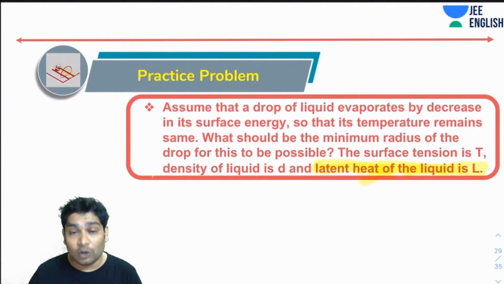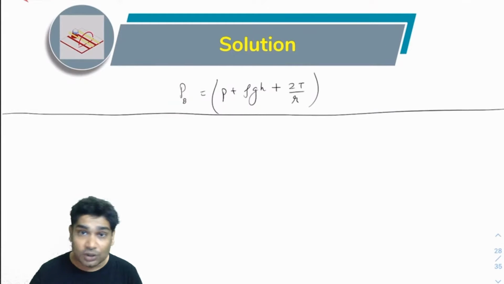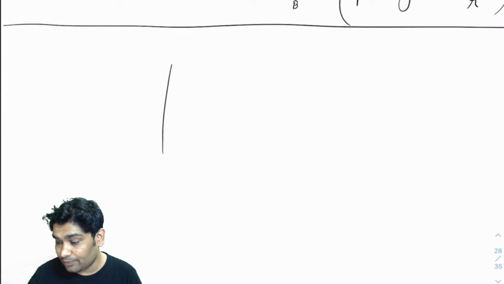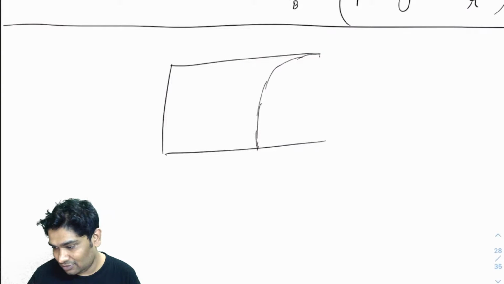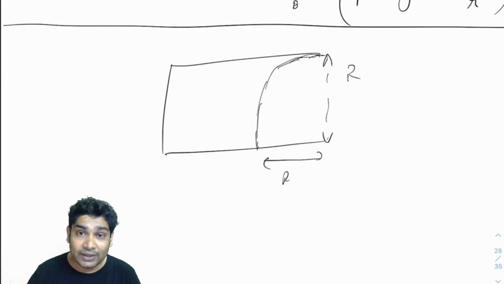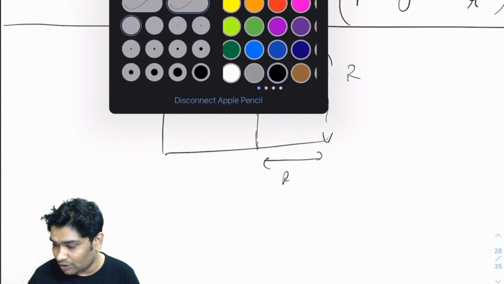Anyhow, we also talked earlier about the fact that the force of surface tension can also be calculated like this, by the projected area, by the way. So suppose you have a quarter circle of radius r.